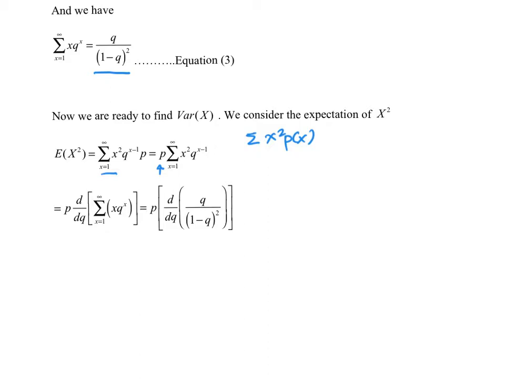And we observe that if we differentiate with respect to q, we will get x squared q to the x minus 1, as you can see over here. And since the sum of x q^x has been found and is equal to q divided by 1 minus q squared, as you can see over here, we can use this result to find the variance of X.